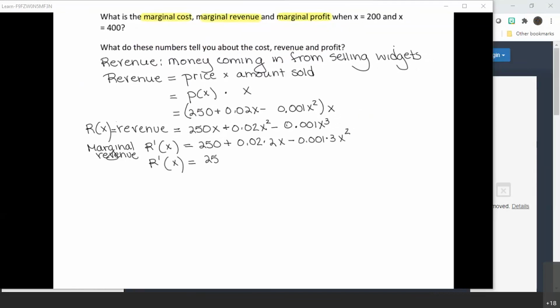And again, I just did the power rule on it. Here the x went away. Here I'm bringing down this 2, dropping my exponent by 1. Here I'm bringing down the 3, dropping the exponent by 1. I'm going to start picking up the pace on those because it's not hard, it's just that repeated process over and over again. And then the algebraic simplify step. So there's my marginal revenue.